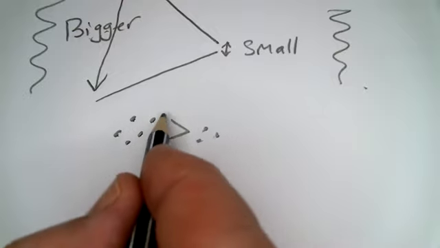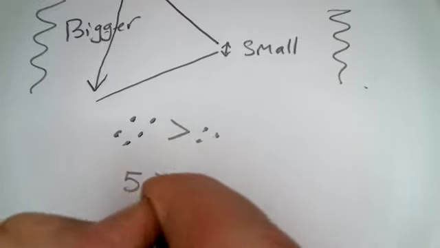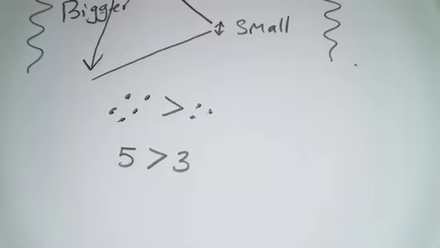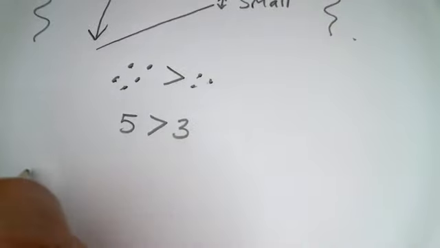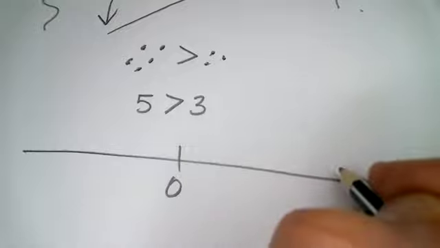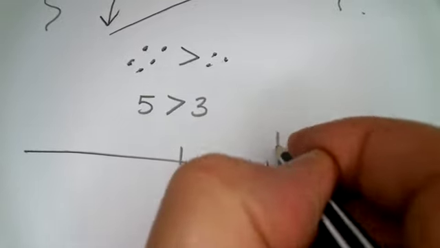So we could also, of course, replace the dots with numbers. We could say 5 is greater than 3. And when it comes to integers, we can also go one step further and use the number line to determine this. Here's a 0 in the middle, and here's a 1, a 2, a 3, a 4. These are all positive numbers.